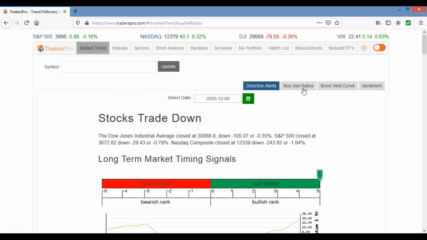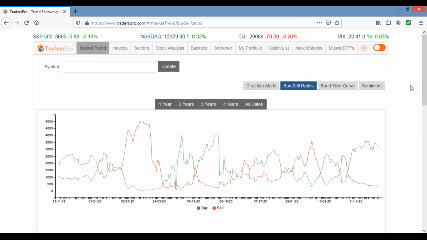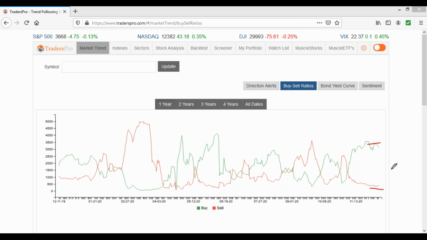Despite the selling yesterday, the buy-sell ratios are still at a kind of extreme level between the buys and the sells. And that could be expected because with a one-day sell-off like that, you're going to see buys go into holds. Remember, it goes buy, hold, sell.